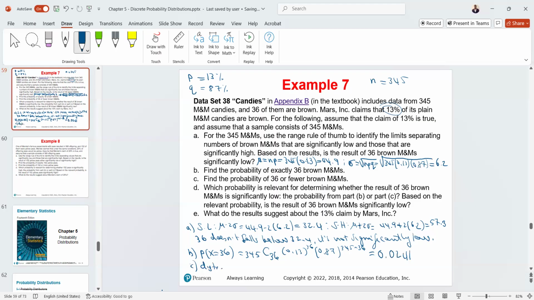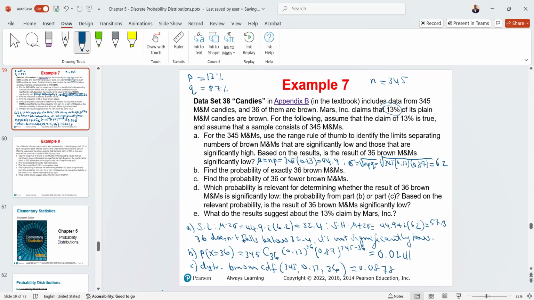Then you say binomcdf, and you go with N, which is 345, 0.13 for the probability, and 36. That's the only way you're going to find this answer, because the probability would be giantly long. 0.0878 would be the answer.